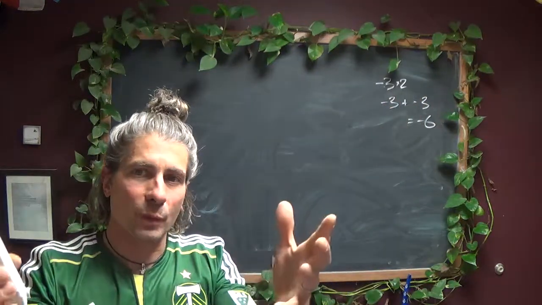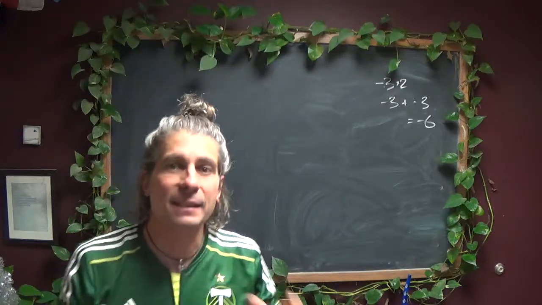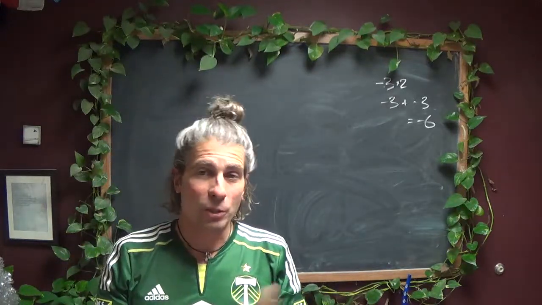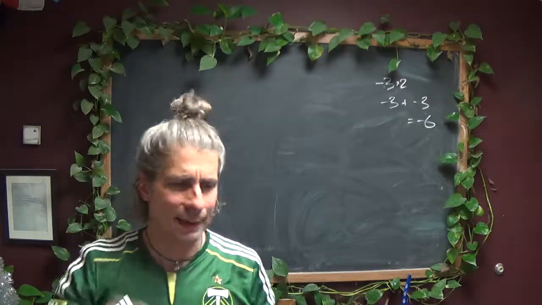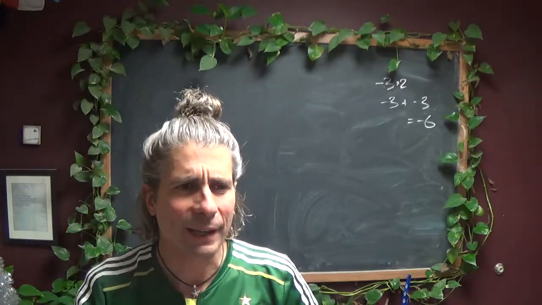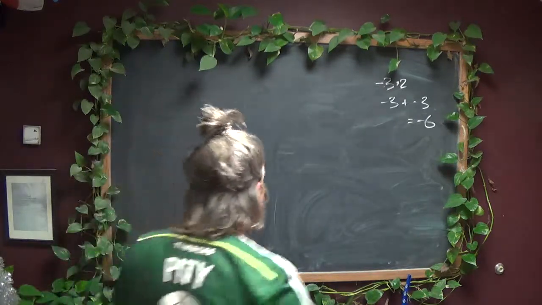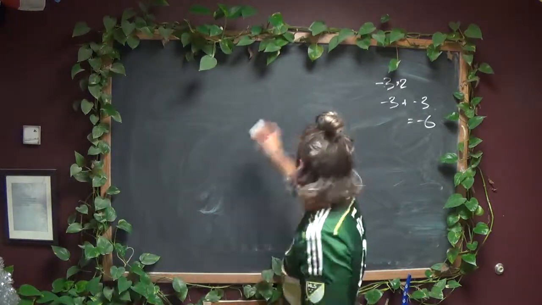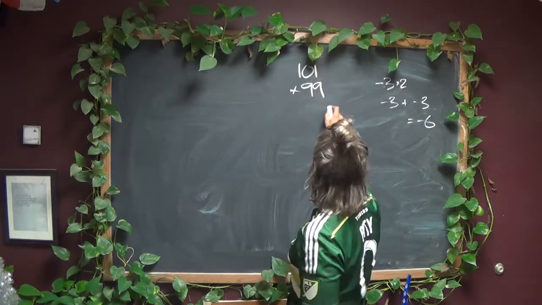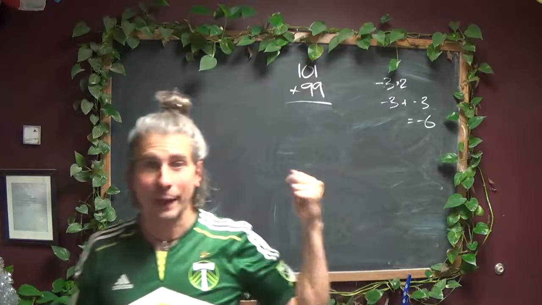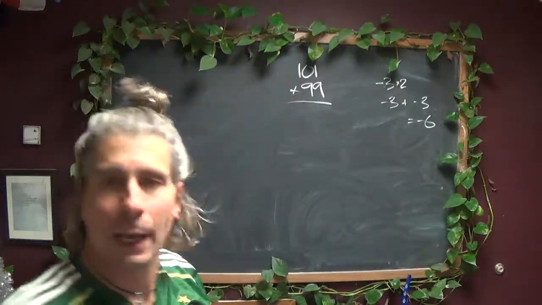So here's what my students seem to like, and it ties into something called the distributive property, which is pretty handy. A lot of times it gets ruined in algebra classes by making you put a bunch of symbols in with it, but it's actually a neat thing. For example, if you needed to multiply 101 times 99, you can do that with the algorithm all you want.